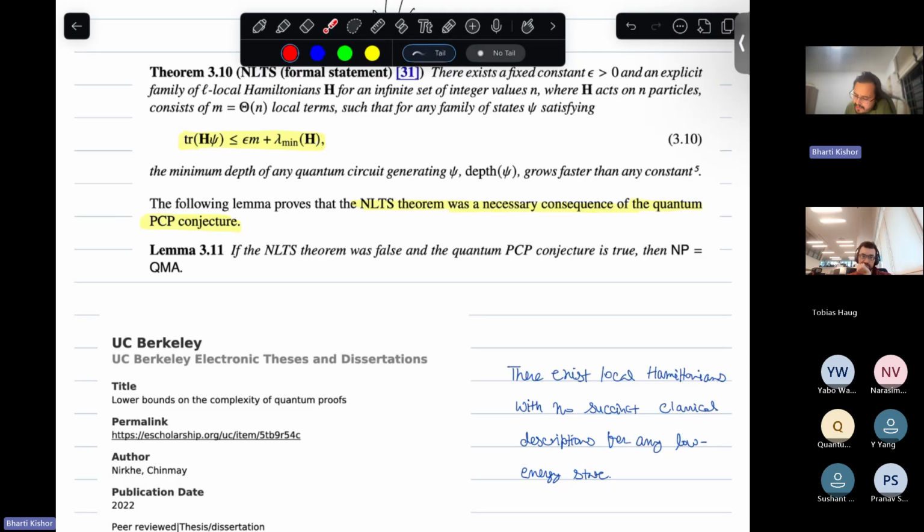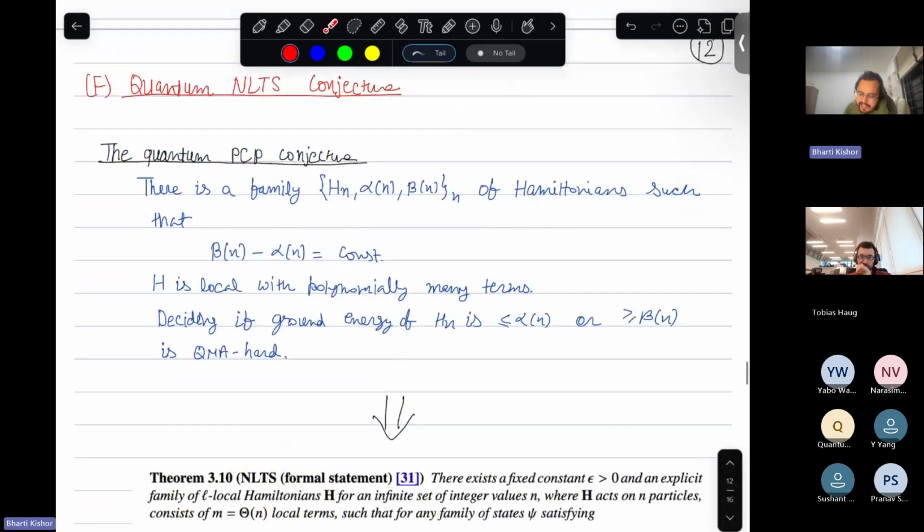So what they say is that there exists a local Hamiltonian. What is NLTS? NL is no, L is low energy, T is trivial, and S is states. So you have the ground energy, and there are states near the ground energy which are called low energy states, and no low energy trivial state means that there exists a Hamiltonian for which none of the low energy states are trivial states.